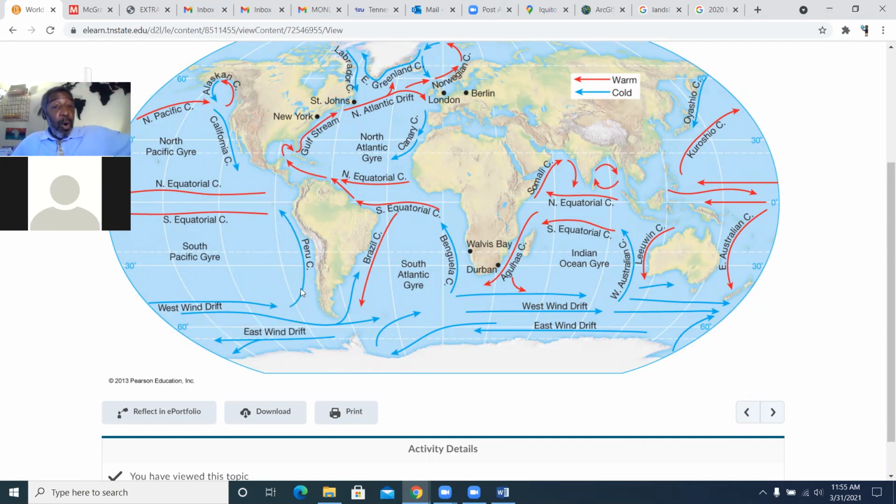Fish that like cold water were normally the ones that were seen and caught along the west coast of South America. During El Nino years, when this pattern was reversed and we had the warm water from these equatorial currents flowing south, now there's a different kind of fish, or maybe no fish present.